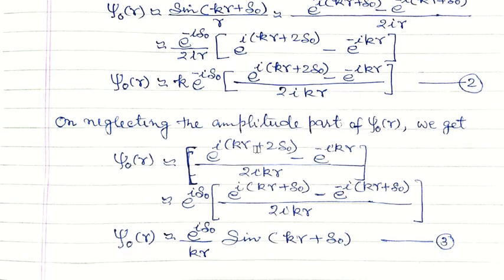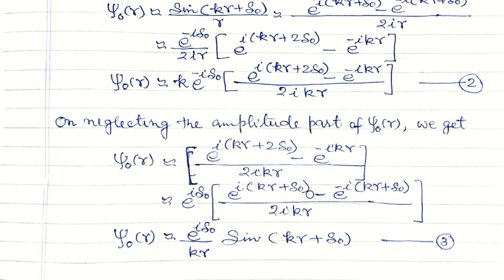Now from this expression, let us take common e to the power iota delta_0. From here we will get only delta_0, and here, minus minus is already there, so we will get plus delta_0. So the final expression becomes e to the power iota delta_0 into e to the power iota (kr plus delta_0) minus e to the power minus iota (kr plus delta_0) upon twice iota kr.